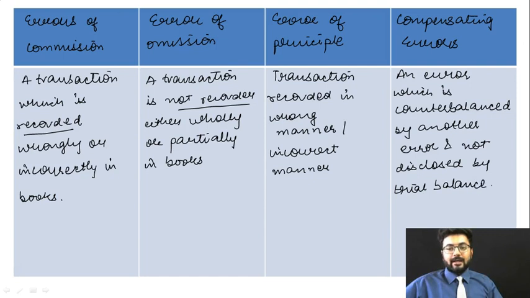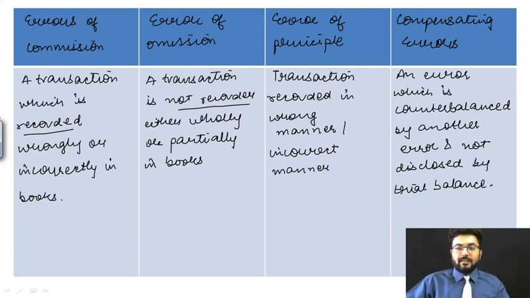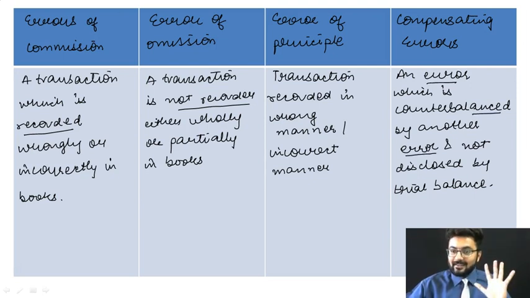Not disclosed by trial balance. That you have done an error, and that error has been balanced by another error, and though there is no such effect over there at trial balance.